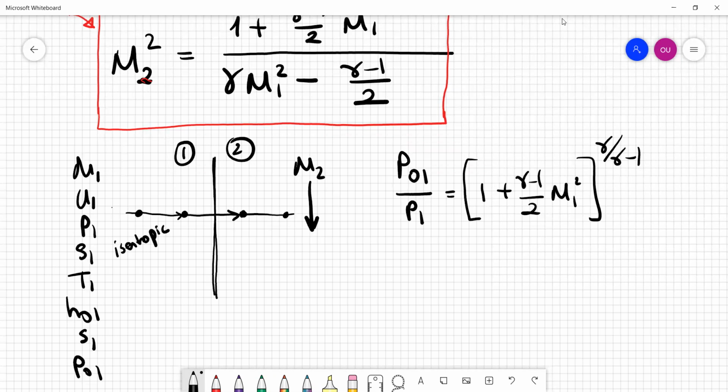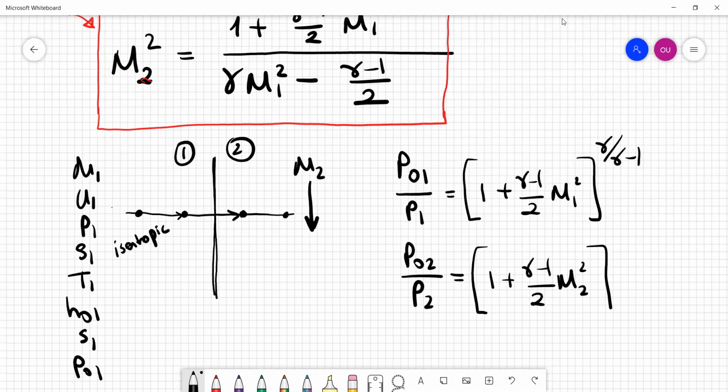I can also do a similar thing for the after-shock conditions, relating 1 plus (gamma minus 1) over 2 times M2 squared. I can do that among these 2 points, which are isentropic among themselves.